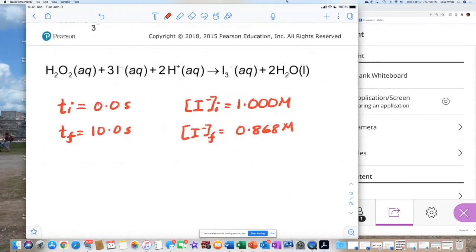So remember rate, we're dealing with a reactant here. Rate, we're dealing with I minus. I minus is a reactant. So let me pretend to forget the negative sign. Change in I over change in T. Okay, we're trying to figure out the rate of the reaction.